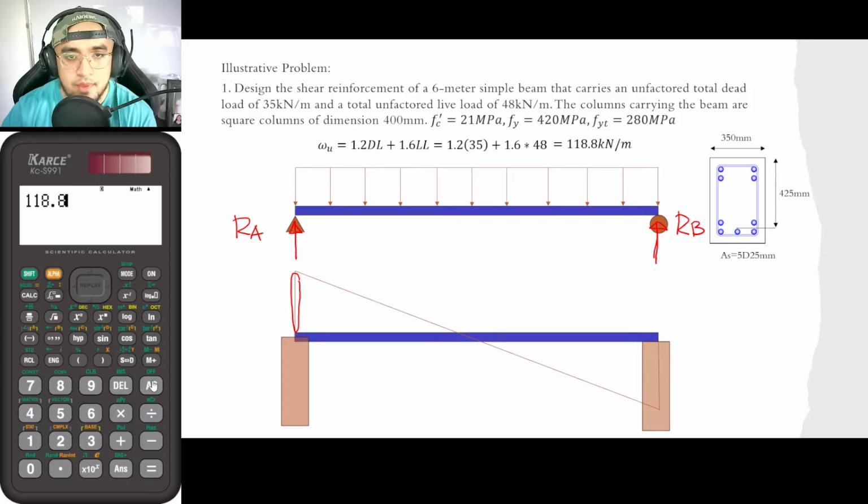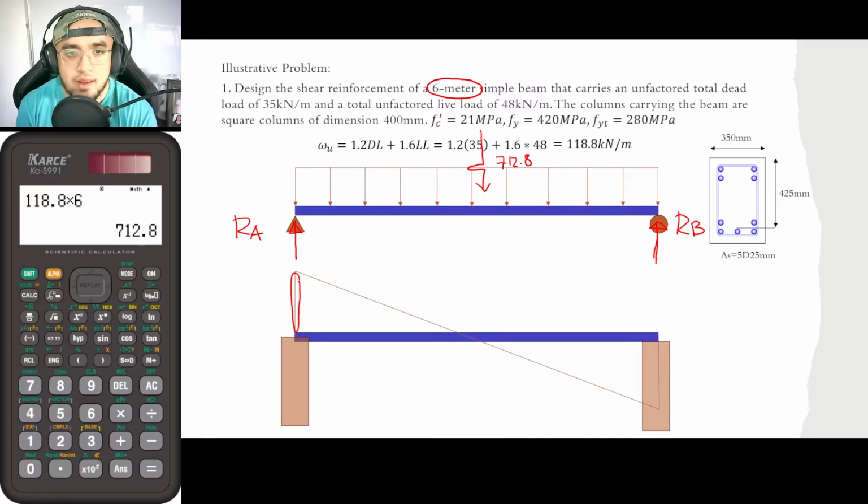So, 118.8 times... it is stated here that it is actually 6 meters long from center to center. From that, I would be multiplying this by 6. So, this is now the resultant. The resultant of our load is now 712.8.